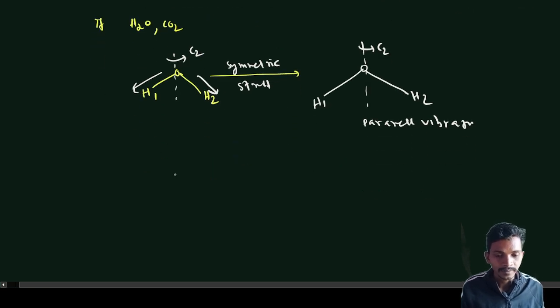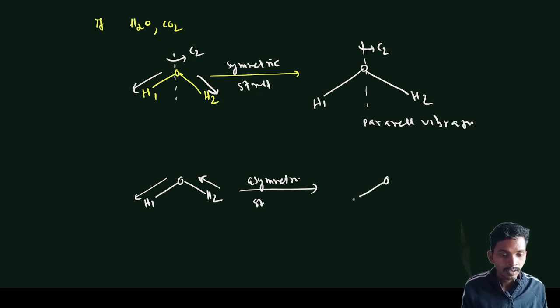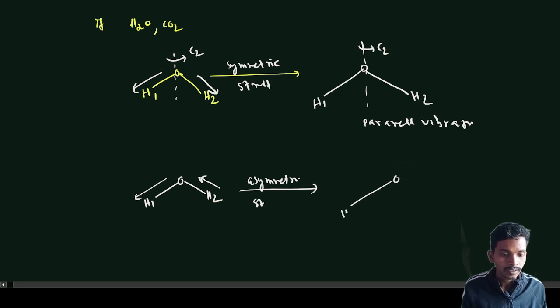Similarly, if I take water and do asymmetric stretching, I stretch one bond by some amount and the other in a different direction by a different amount. So this is what I will get, let's say H1 is here and H2 is here.